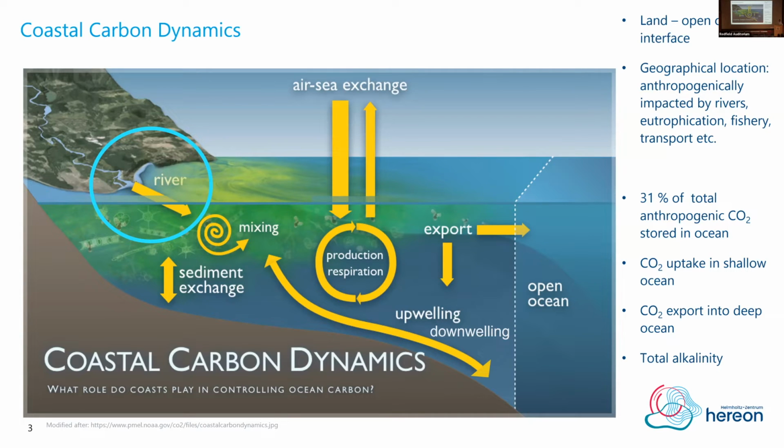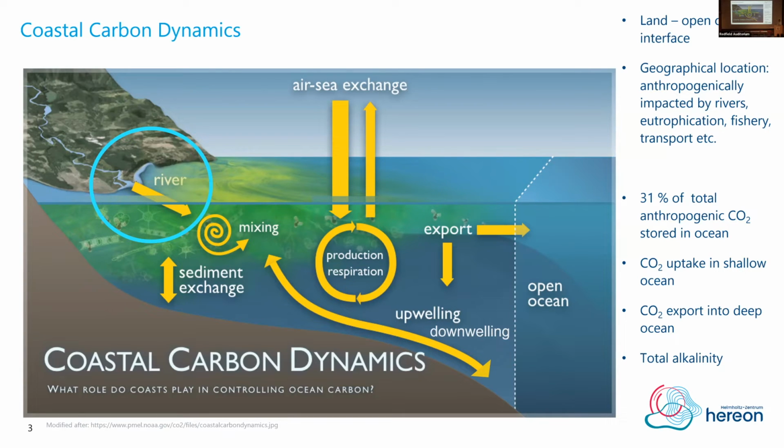Due to their geographical location, coastal and marginal seas are the direct connection between the land and the open ocean and are strongly impacted by various natural influences, such as exchange with the air or the sediment, but also by anthropogenic influences, such as fisheries, transport, or the import of nutrients.